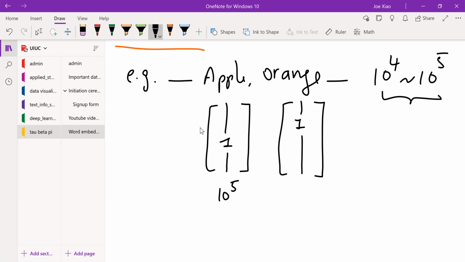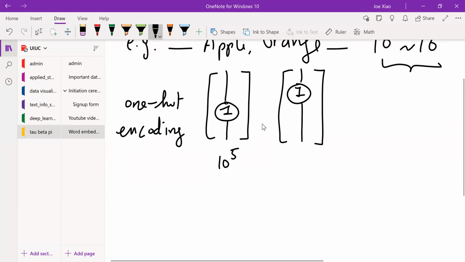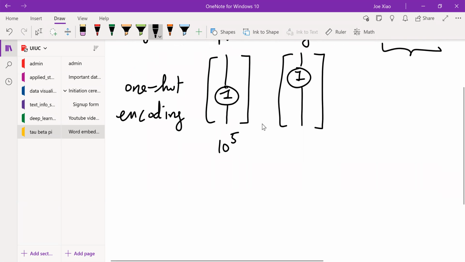So this is something called one-hot encoding. Essentially, the one-hot is the place where we actually have our vocabulary or our word. And you can represent words this way. But now here's an issue.